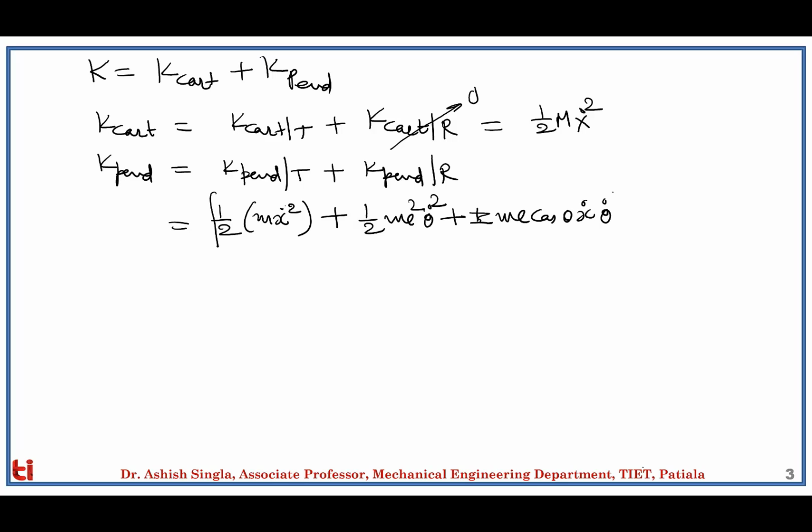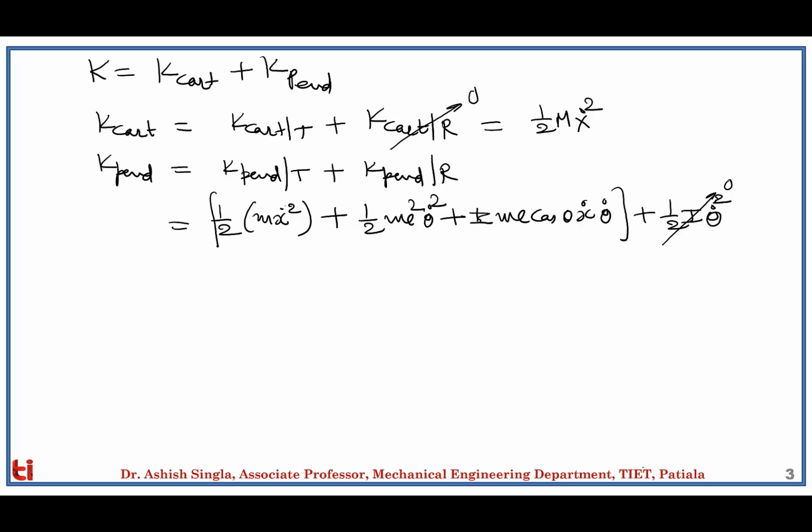This is the translational part, plus half I theta dot square, where I represents the moment of inertia of the pendulum, which is equal to 0 because we have assumed the pendulum to be a point mass and the string to have 0 moment of inertia.